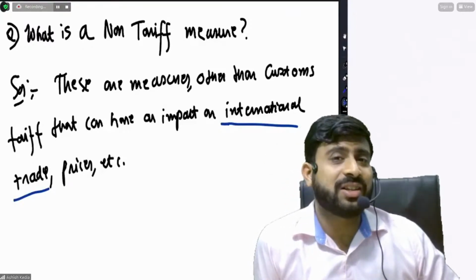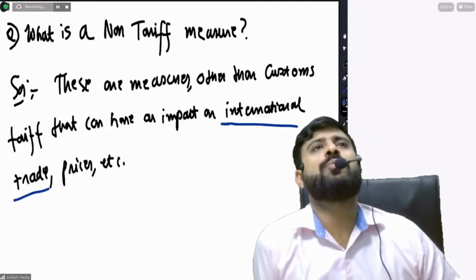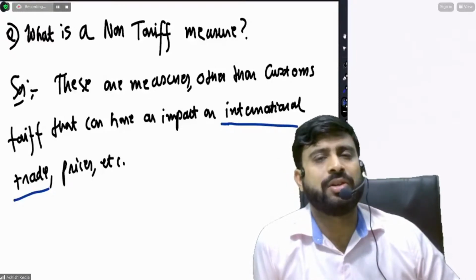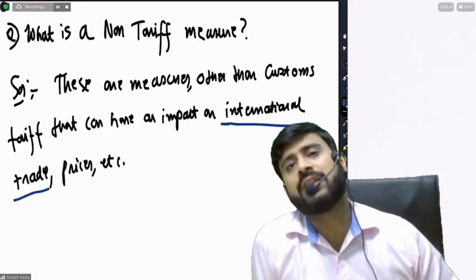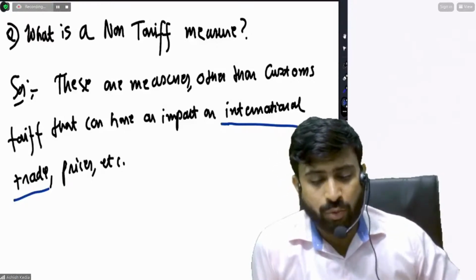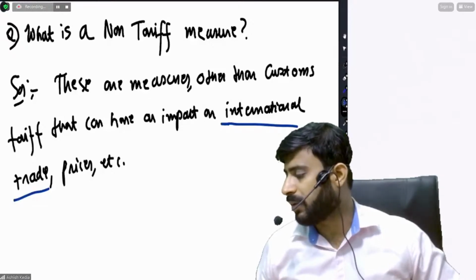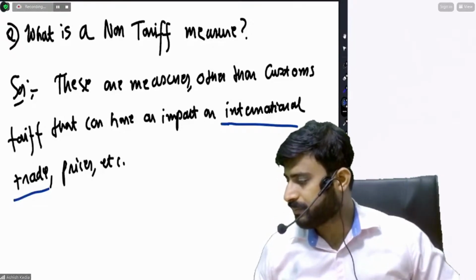Still, it is affecting international trade, yes or no? If government says that suppose you cannot import more than 5 units from this country, government hasn't imposed any tariff yet, still government is able to regulate it. That is what we are saying. That is a non-tariff measure. Understood? Yes or no, everyone? Come on, confirm, everyone.